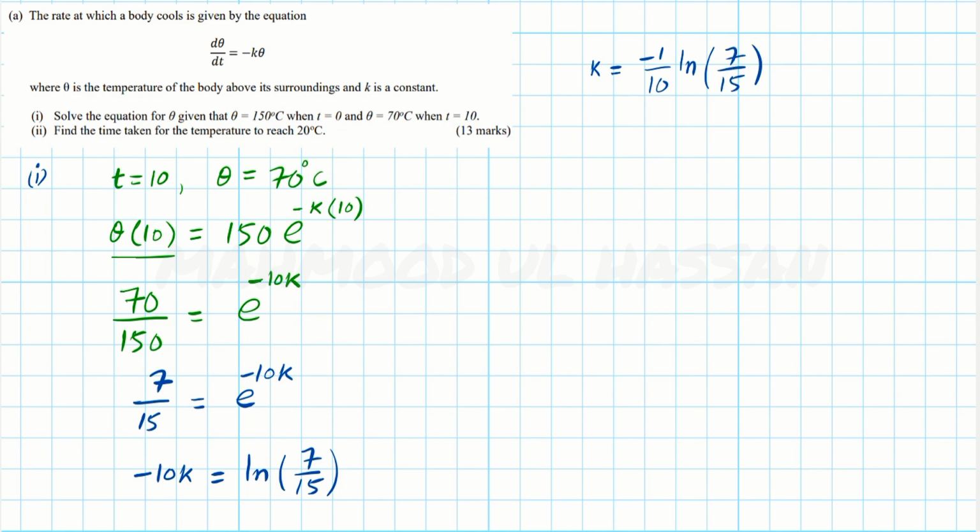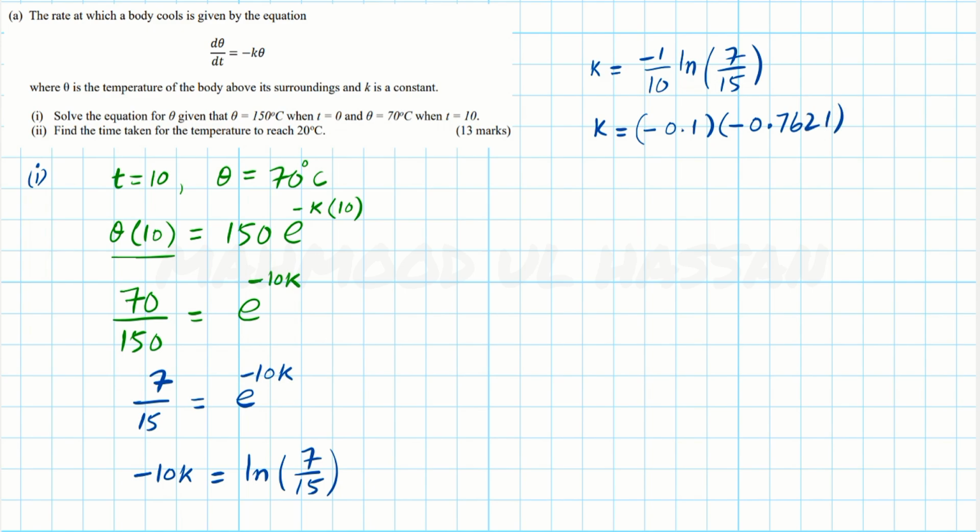Now calculate the natural log of 7 divided by 15. So k is equal to minus 1 divided by 10, which is minus 0.1, times the log of 7 divided by 15, which is minus 0.7621 approximately.